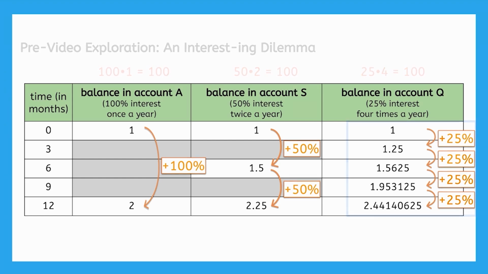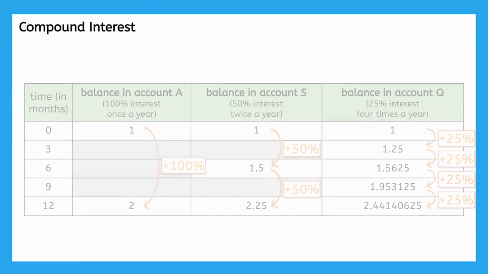This phenomenon is the key idea behind what we call compound interest, which is the interest that builds on previously earned interest. Compound interest is used to grow savings and investments, and also credit card debt. So you can see why it's important to understand it.